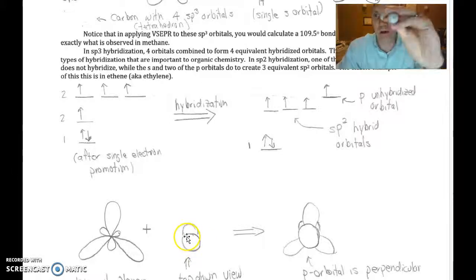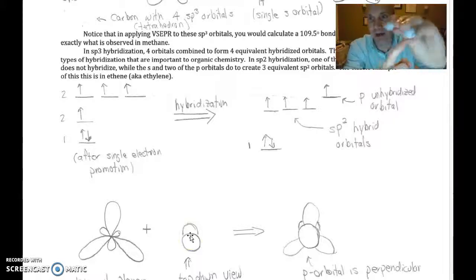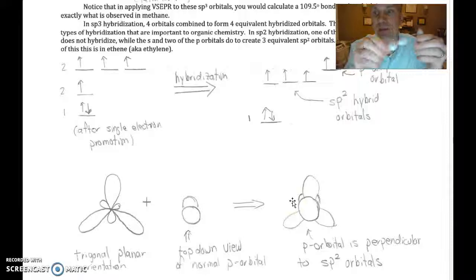All right, where this front one would be the one that's closer to you, but we know that back behind it there's the back end of that p orbital, and that's what I'm trying to show here. All right, so this is a little bit hard to draw because we're trying to do something which is 3-dimensional, but what ends up happening is, actually let me increase the size of this.